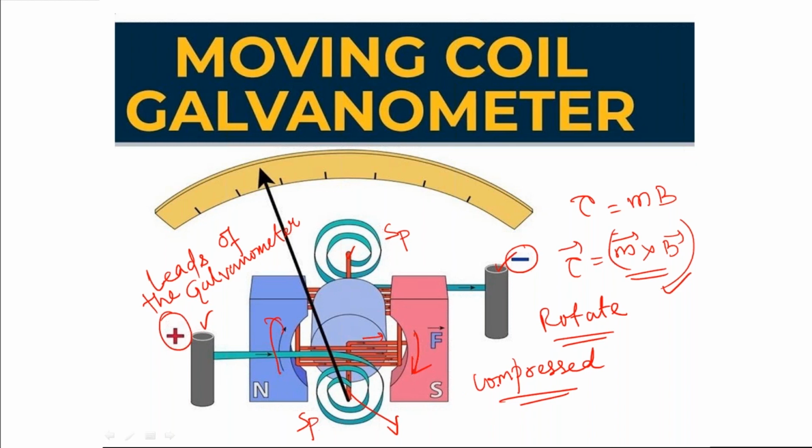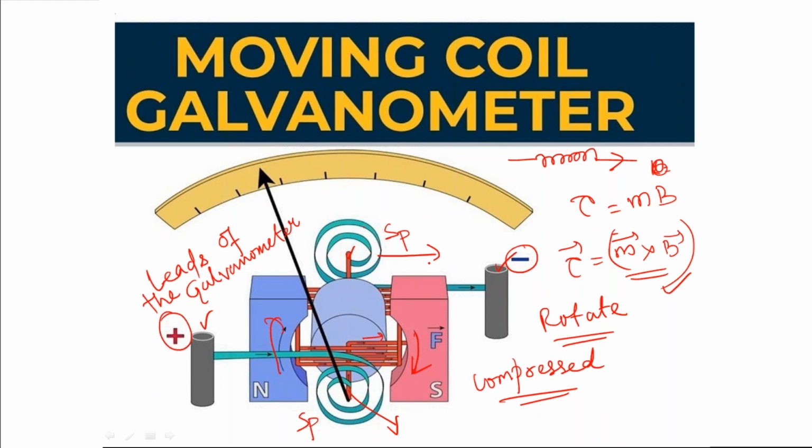You might have learned in your 11th standard that when a spring is compressed, it will give a force, minus kx kind of thing. So anyway, it will give a force. See, there will be two opposite forces on this loop.